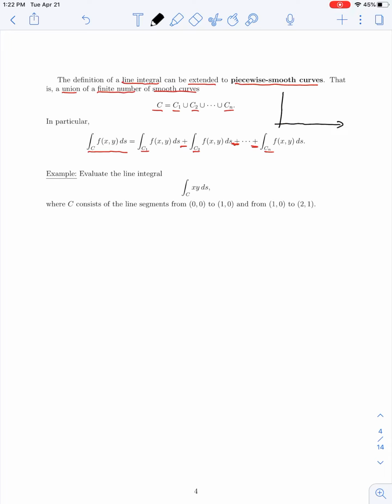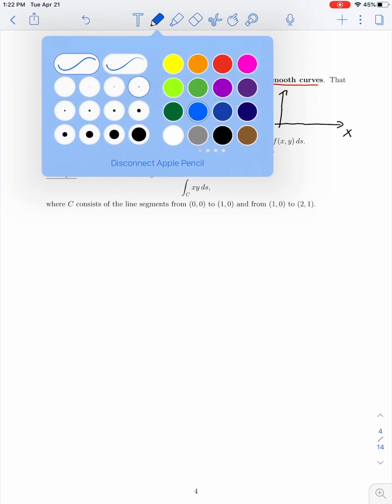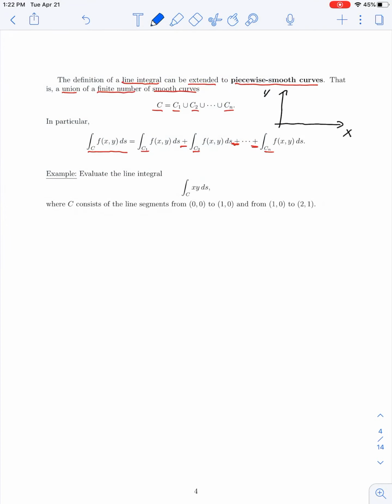So here, to illustrate this maybe a little better, let's visualize what we mean by a piecewise smooth curve. So let's say in the xy plane, we have some curve that's made up of smooth pieces. So maybe some parabolic arc, and then we have a sharp corner. I've got a straight line segment at a fixed value of y for a little ways, and then I have a different line segment. And then this would be my curve C. Well, this curve is not smooth.